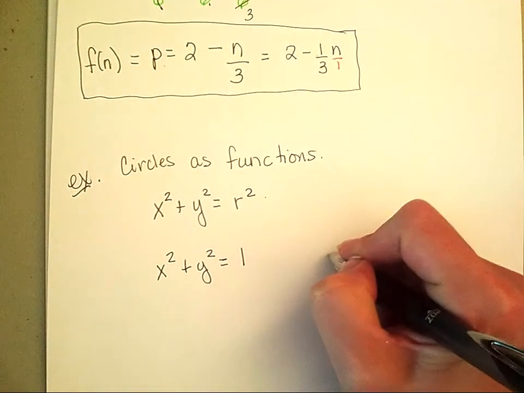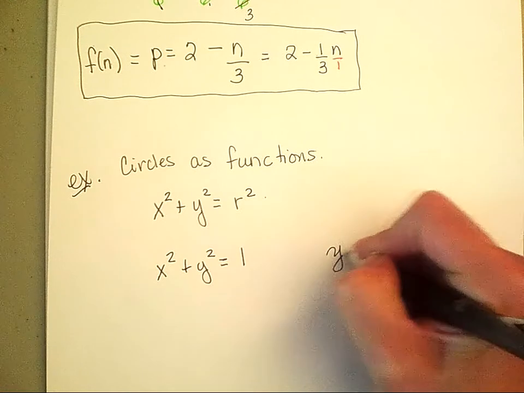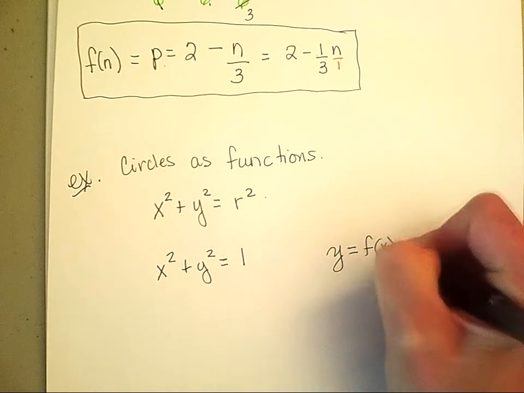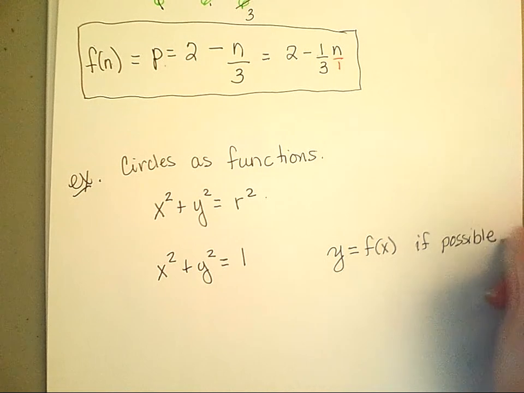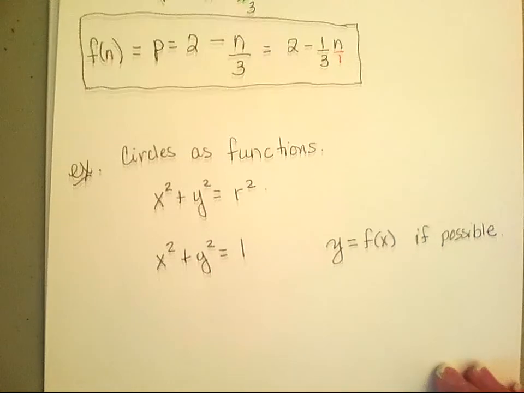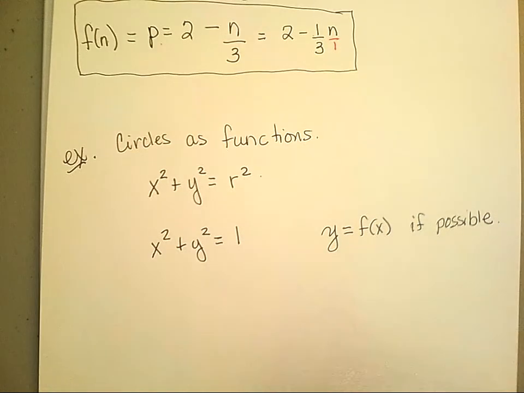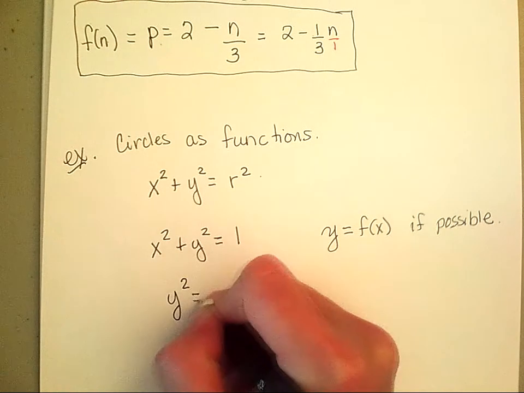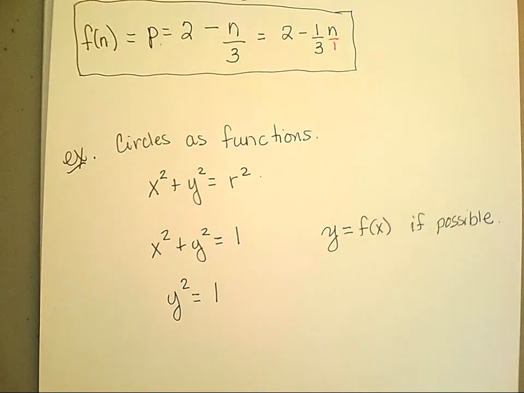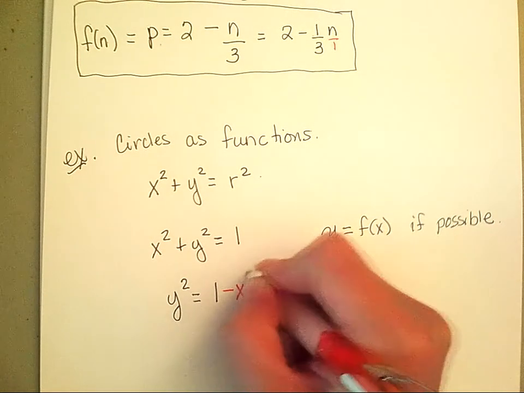Let's try and write this so that we have y is equal to some function of x, if possible. So to do that, we need to solve for y. So we'll have y squared is equal to 1, subtracting x squared from both sides.